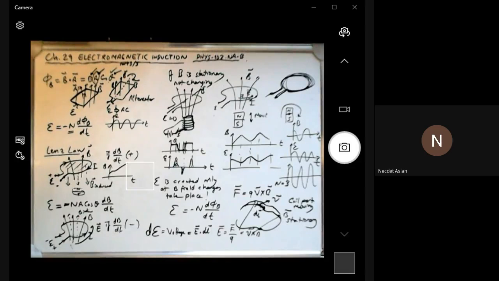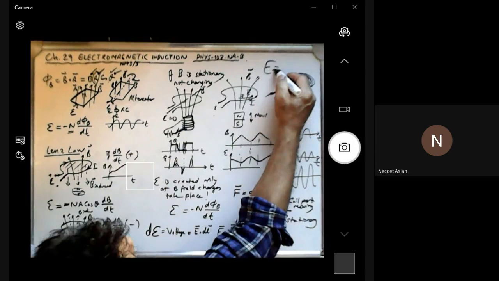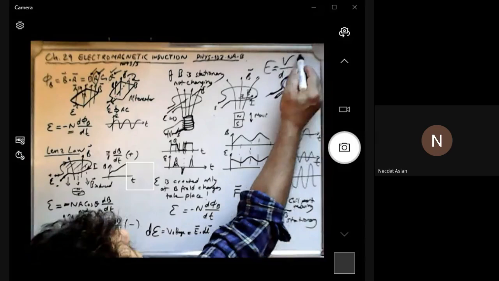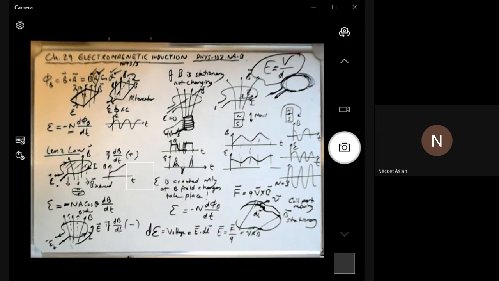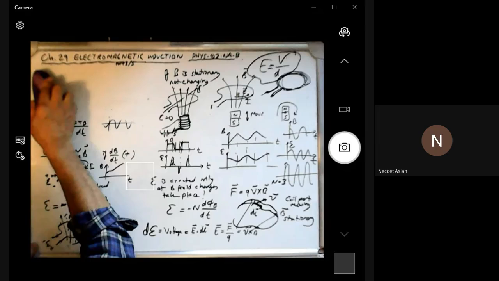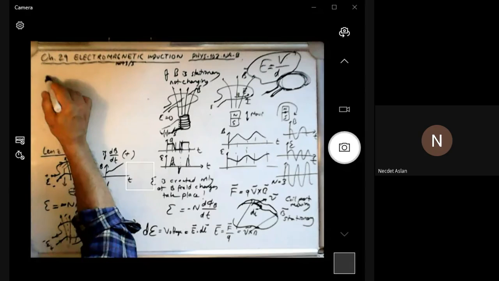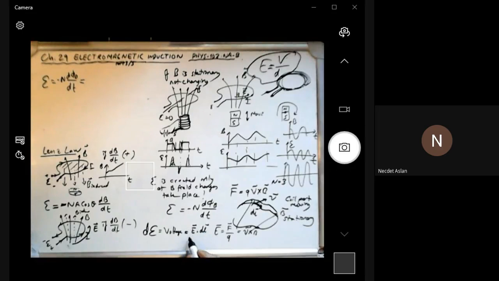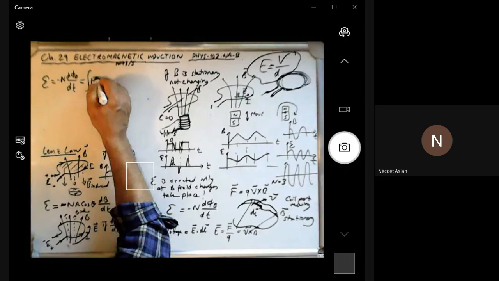The electric field is always potential difference divided by some kind of distance, volts per meter. This is something we remember from our previous lectures. In this case, since dE is this, we can also write this expression by integrating to get epsilon, which is minus N d phi B over dt, which is also equal to the integral of E dot dl.